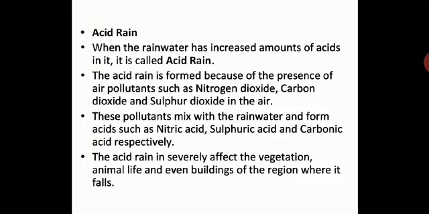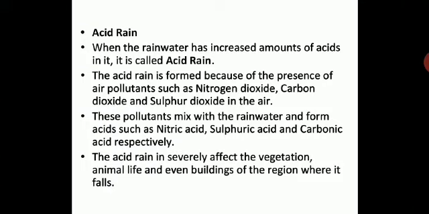Since we indiscriminately use various chemicals in vehicles and all different types of fuels, all of those go as pollutants in the air and cause air pollution. These pollutants mix with the rainwater and form acids such as nitric acid, sulfuric acid, and carbonic acid respectively. That means all these acids are formed due to the pollutants in the air.